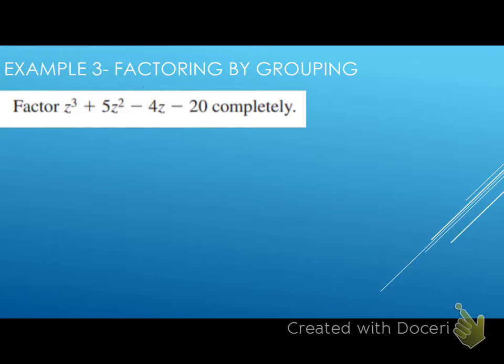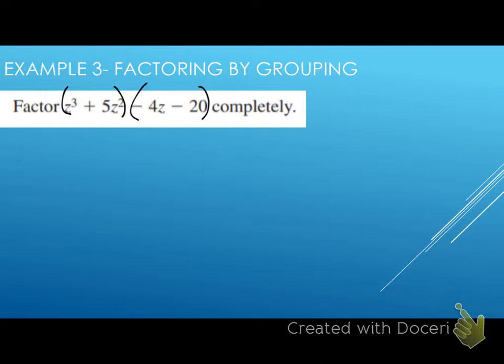It does look like, however, my first two terms would have a common factor, so I'm going to group those together. And it seems like my last two terms are going to have a common factor as well. So let's find the GCF of both of those groups. Looking at my first group, what would my GCF be of those two terms?